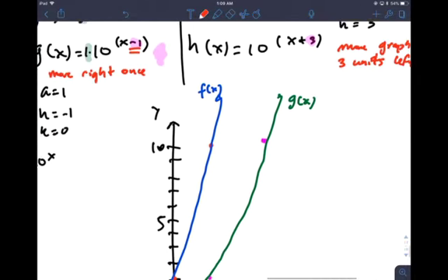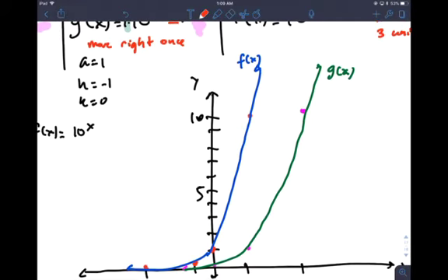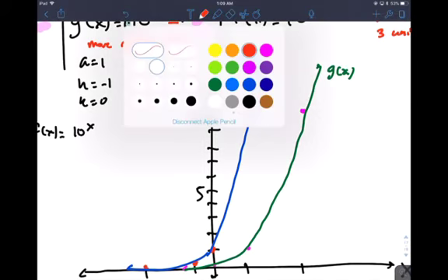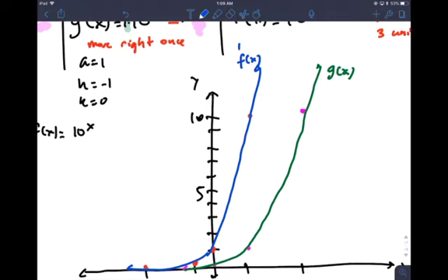So I go to f of x, my parent function. Again, this is what we call a parent function. I'm going to move every point 3 times to the left.